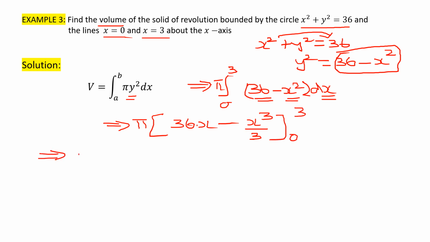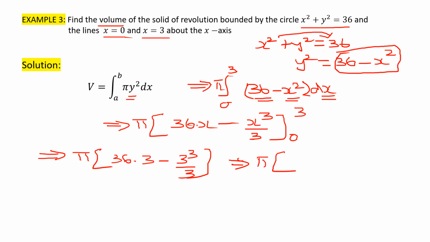So this will give you pi, 36 times 3 minus 3 to the power 3 divided by 3. If you substitute the lower limit, it will be 0, so no need to substitute the lower limit. Okay, so this will be pi. Then we have to multiply 36 times 3.